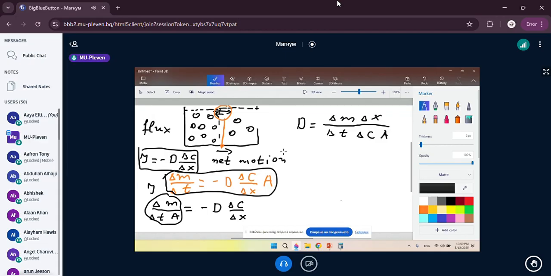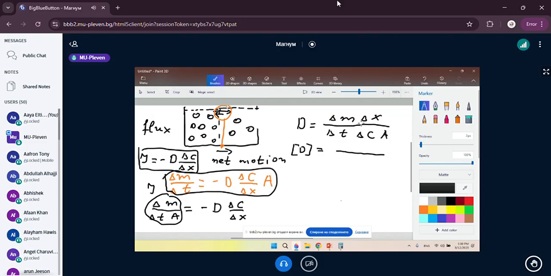Using square brackets, we denote the unit of measure. This we also studied. If you see such a written thing, you must know that the unit of measure for the coefficient of diffusion is found by substituting the units of all the quantities in the right-hand side of the above equation.